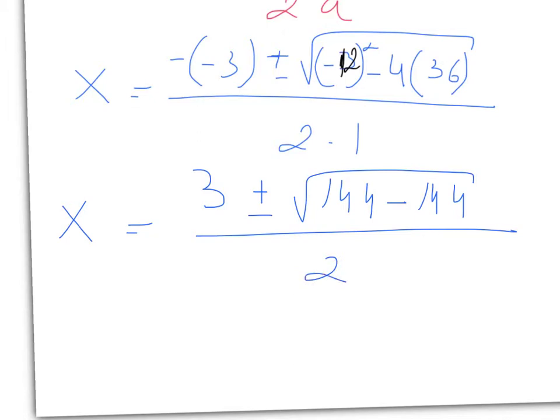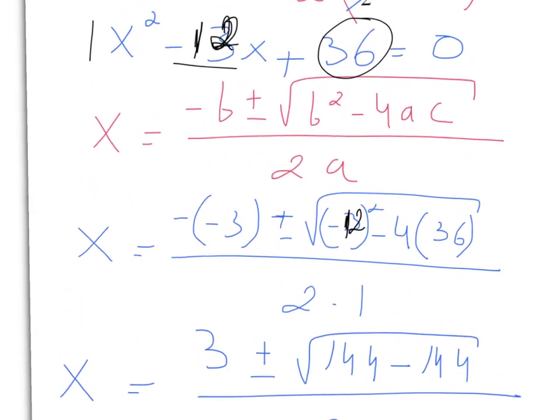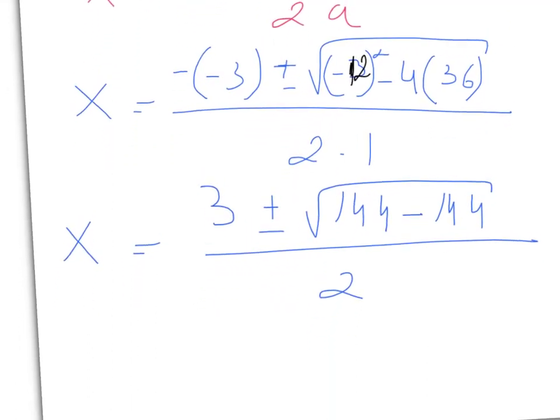If b is negative 12, then minus b is going to be 12 here.